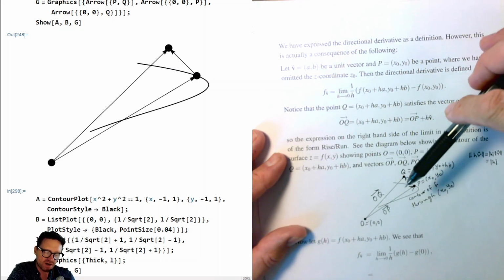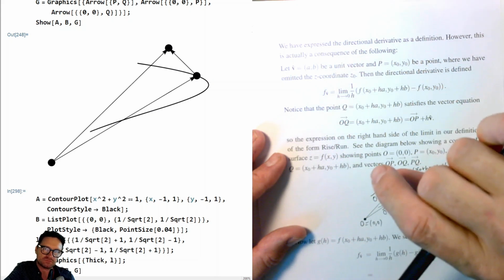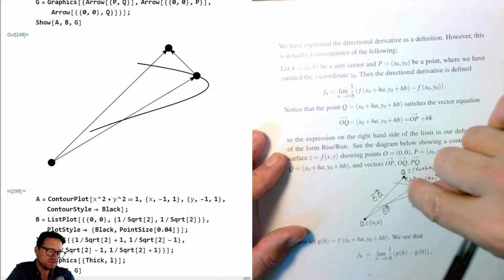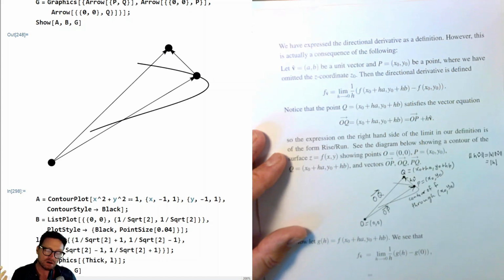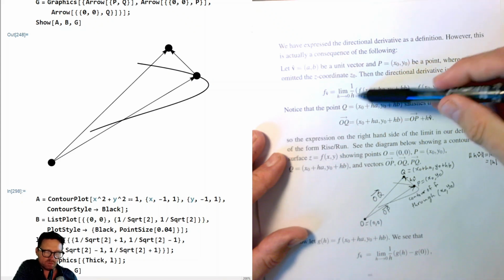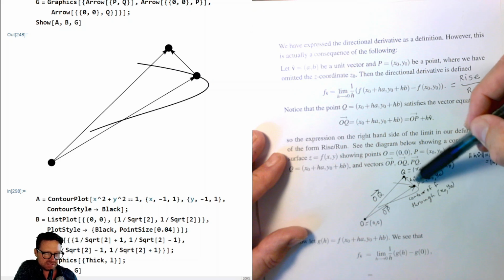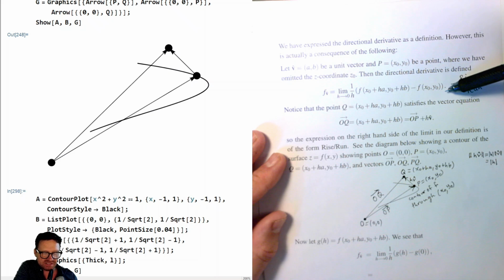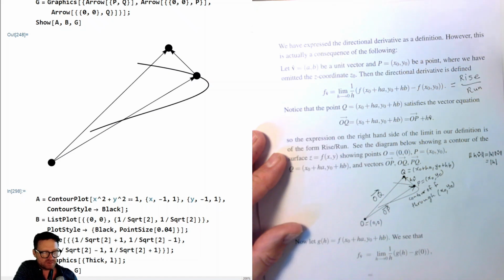The rise in the rise over run is the difference from the value of the function at P to the value at Q. So it's a rise over run calculation, so let's note that here: rise over run. But then we're letting that h, the distance of this, tend to 0. You'll notice that this definition is very similar to the definition of the first derivative by first principles.